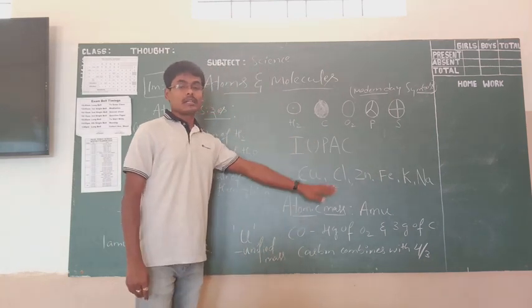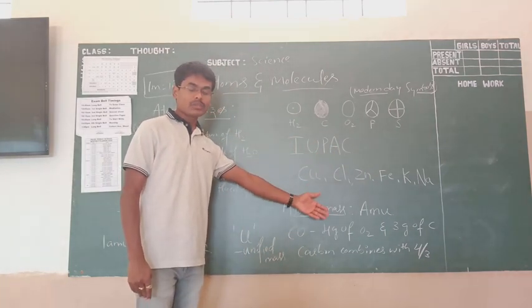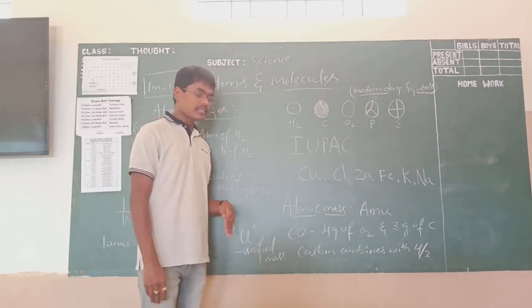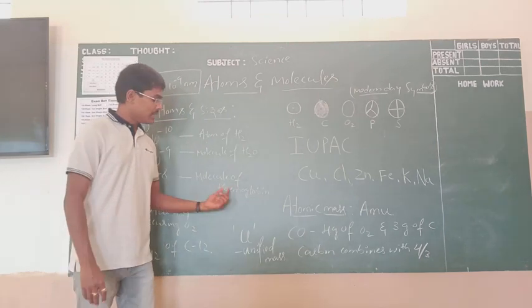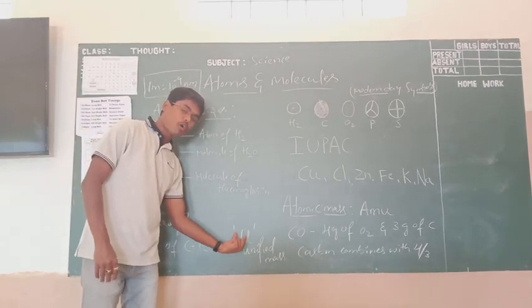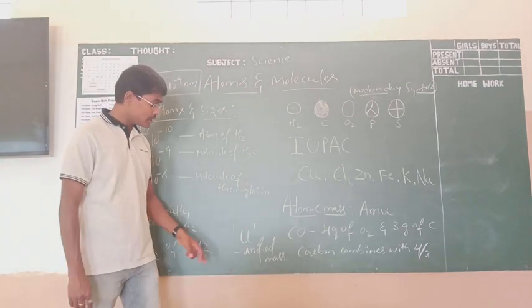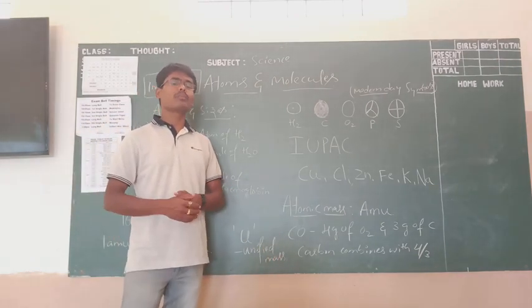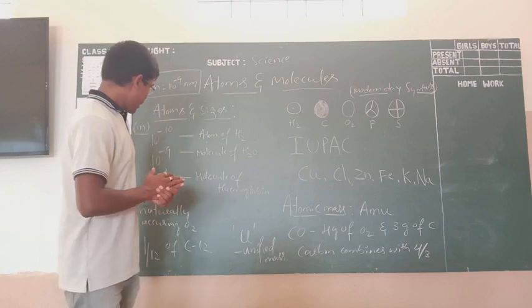This is the atomic mass unit, and they have followed it so far. Then nowadays they use a symbol called a small u, and that indicates unified mass. What is this unified mass? For example, you take some assumptions like I have written here.